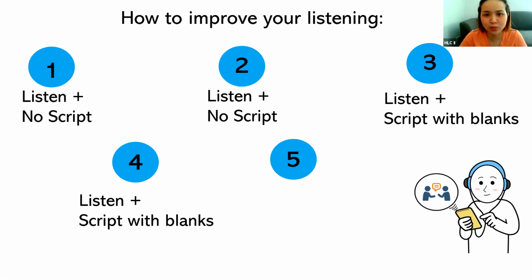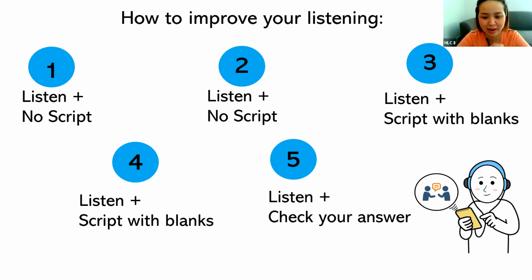Just do it. And the last time, you listen and you check your answer. You check whether the words that you have filled in the blanks are correct or not. So with these 5 steps, hopefully everybody will get better and better at listening.